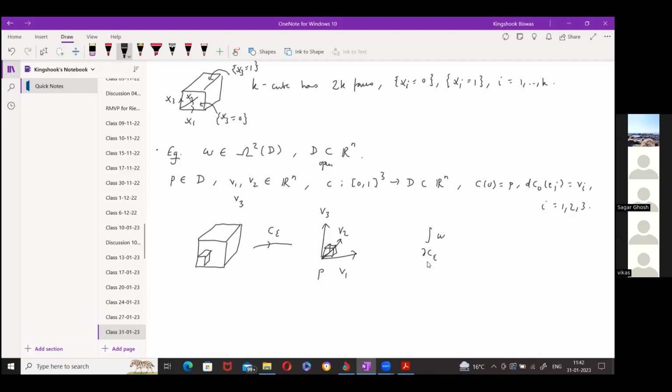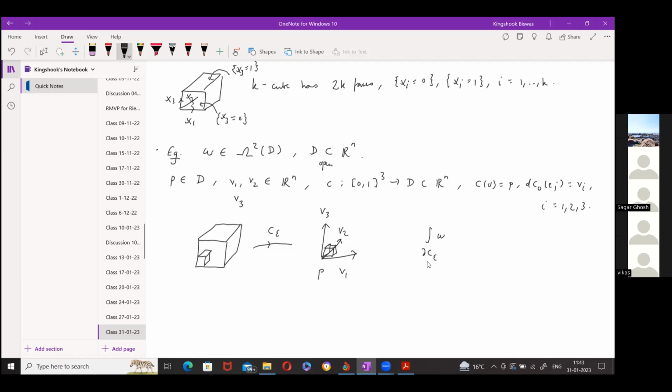Now notice something. The boundary of C epsilon, each of the faces has sides of order epsilon, so their area will have order epsilon squared.